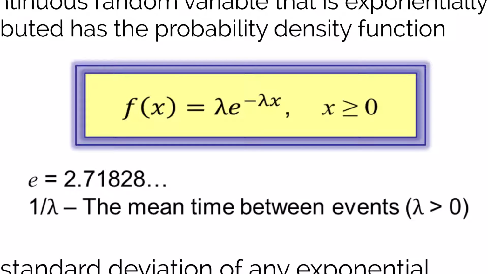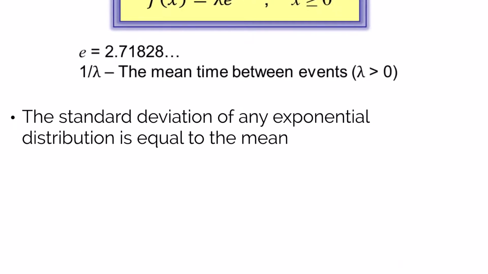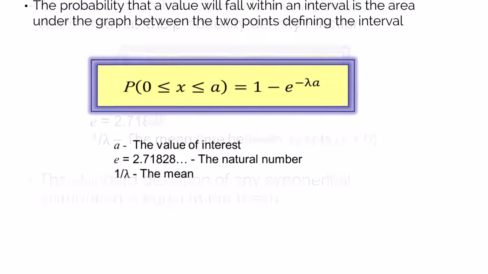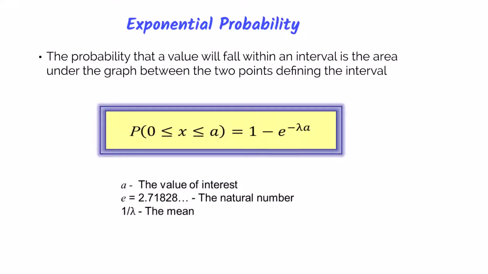Another key concept here is that 1 over lambda is the mean time between events. Note that the standard deviation of any exponential distribution is the same as its mean. So for our exponential probability, this is the probability that a value will fall within an interval is the area under the graph between 2 points of that interval.